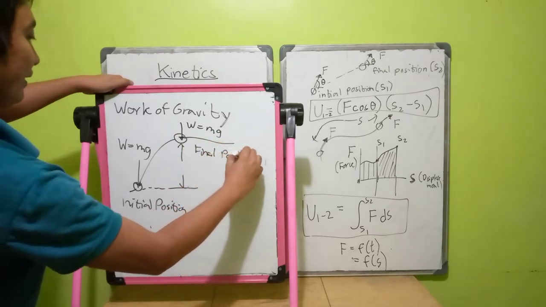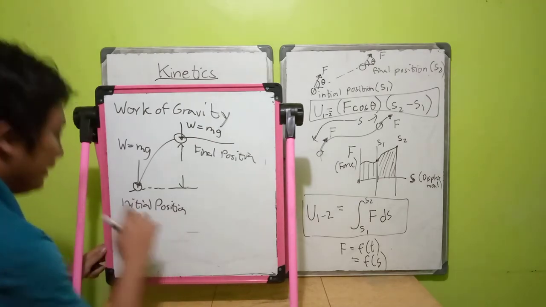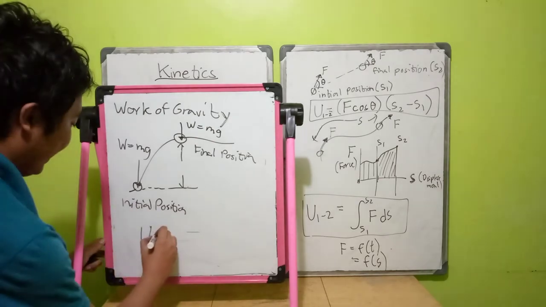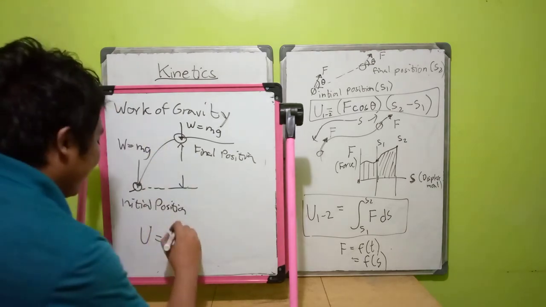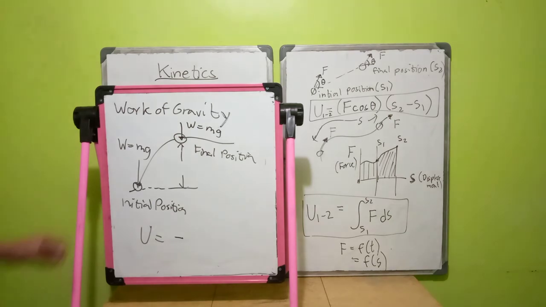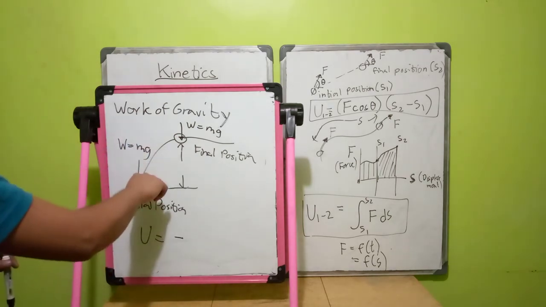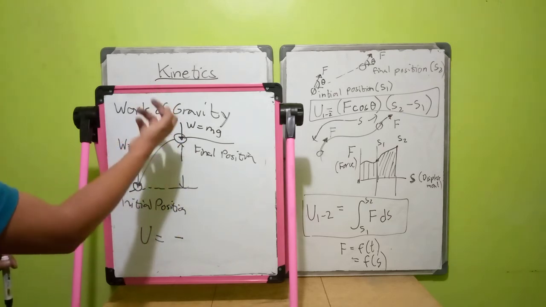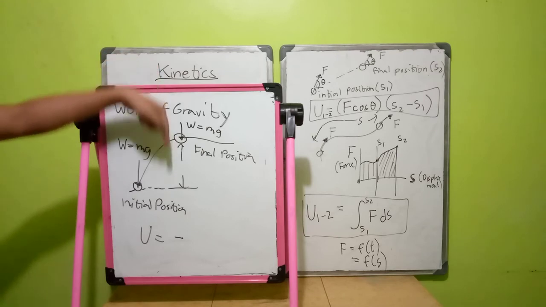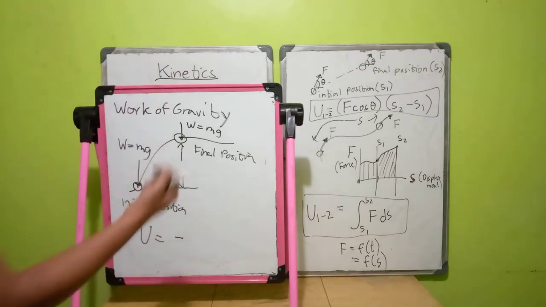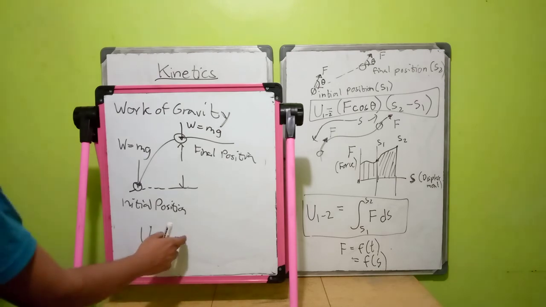Therefore, the work of gravity, let us say U, is equivalent to the weight. Since it elevates its position while your acceleration due to gravity is downward, it is negative. So the work of your gravity is negative.